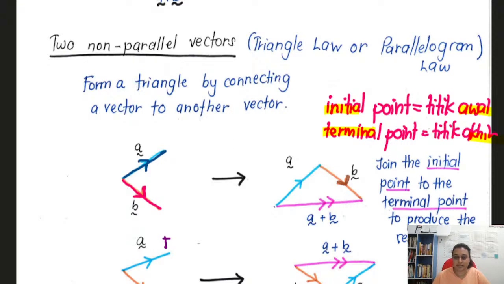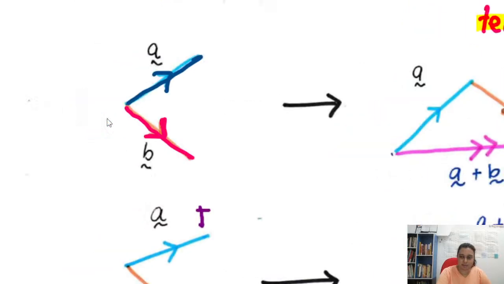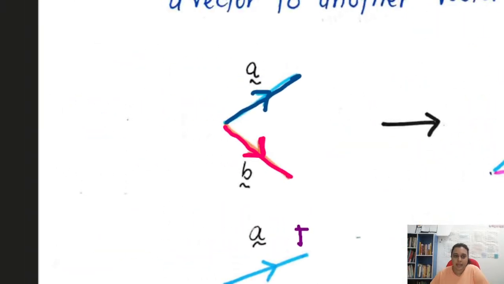Alright? Okay. Sekarang tengok. Okay, the A, see carefully, I zoom in a bit. The A starting is here, isn't it? So this is initial, correct? Ini adalah awal, titik awal. Ending dia dekat sini. Terminal. Initial, terminal. Okay, now you see, untuk B, ini ialah initial, betul?